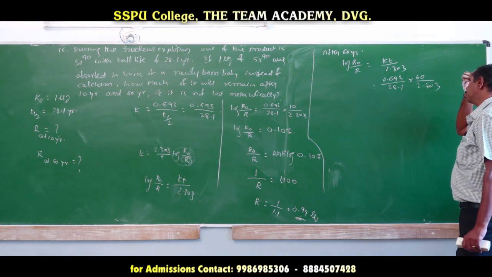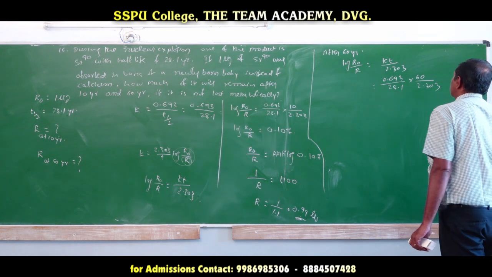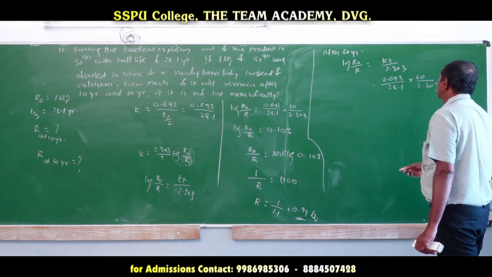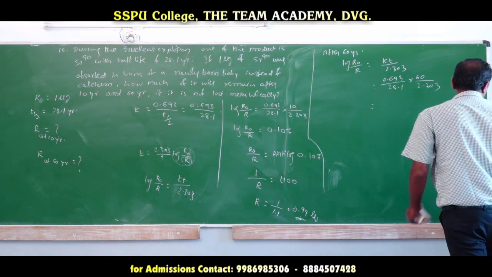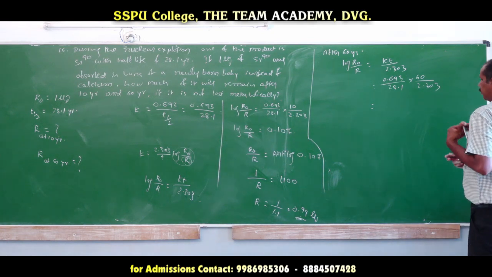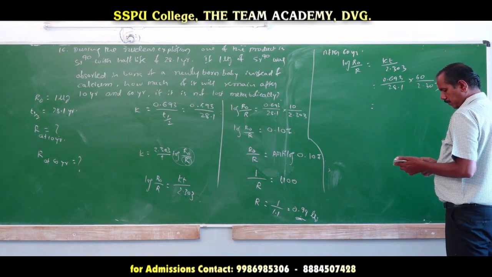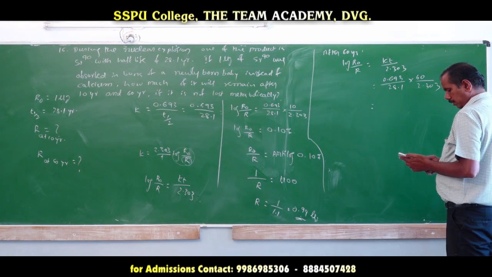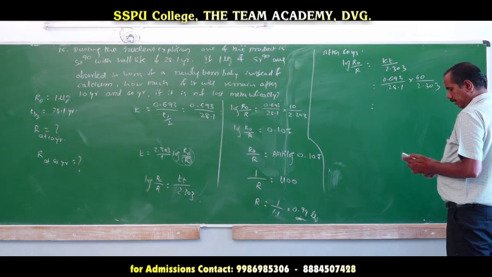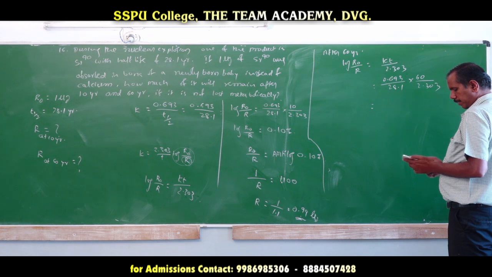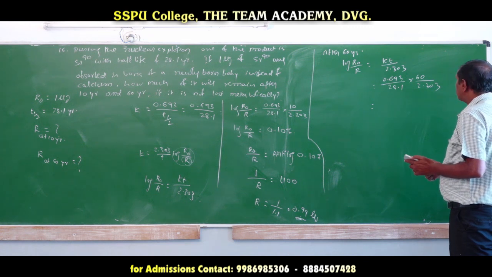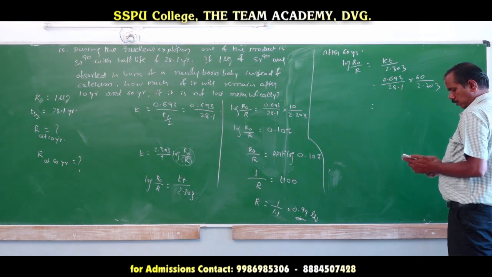So, 0.693 into 60, divided by 28.1, divided by 2.303.